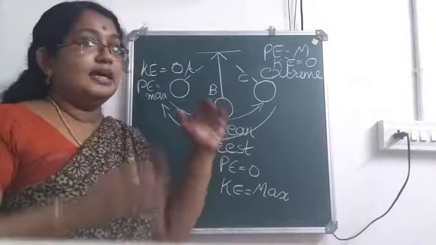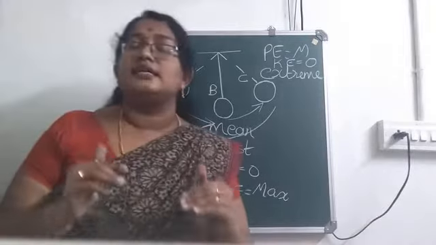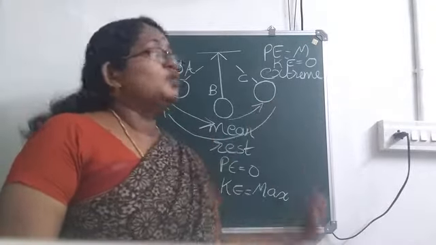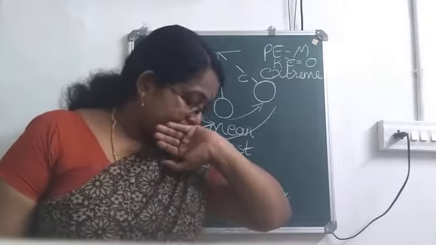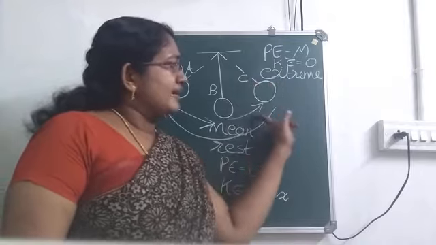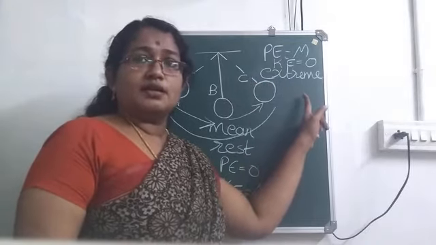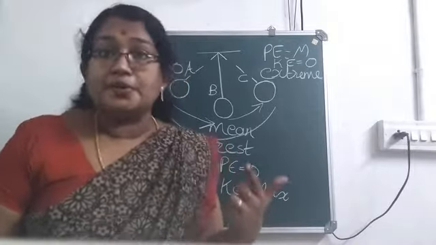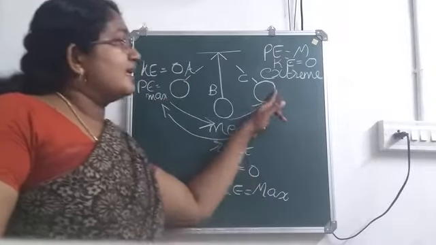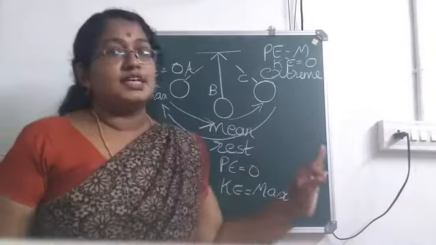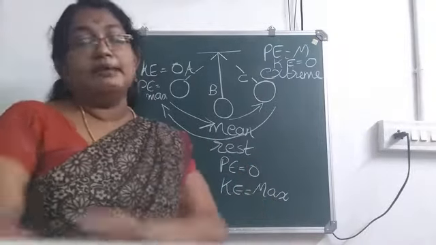Then at B, it possesses maximum kinetic energy and minimum potential energy. Then again when it moves to the next extreme, what happens? Kinetic energy goes on decreasing. Since height increases, potential energy goes on increasing. And when it reaches here, the point C, kinetic energy will be 0 and potential energy will be maximum.